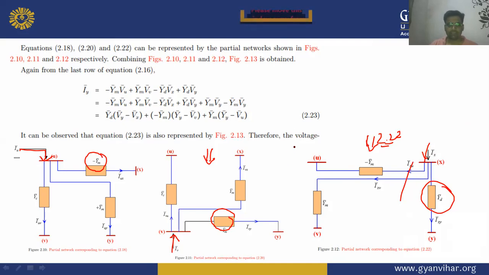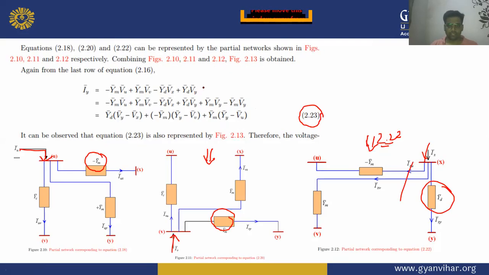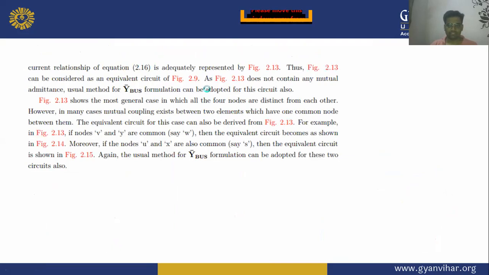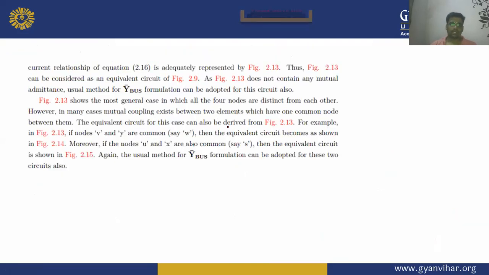Now similarly, when we are dealing with equation number 2.23, the equation will be like this. I'll show you. Just before this, let me tell you something: it can be observed that equation 2.13 is also represented by figure 2.13. Therefore, the current relationship of equation 2.16 is adequately represented by figure 2.13.